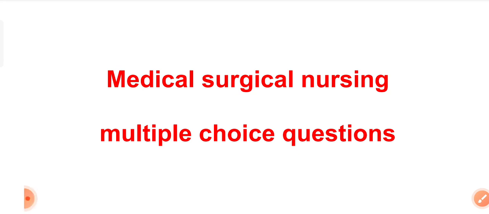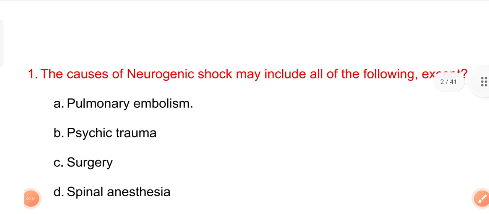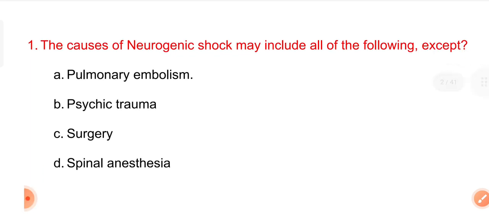Today we are going to see some of the medical surgical nursing multiple choice questions. The first question is: the causes of neurogenic shock may include all of the following except one. The options are option A pulmonary embolism, option B psychic trauma, option C surgery, option D spinal anesthesia.